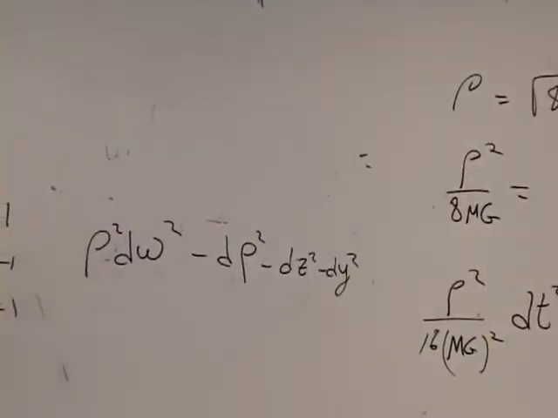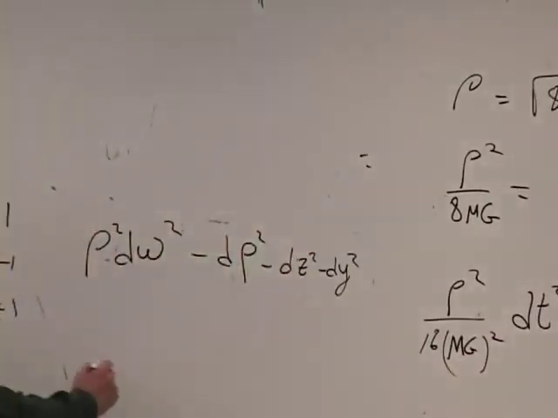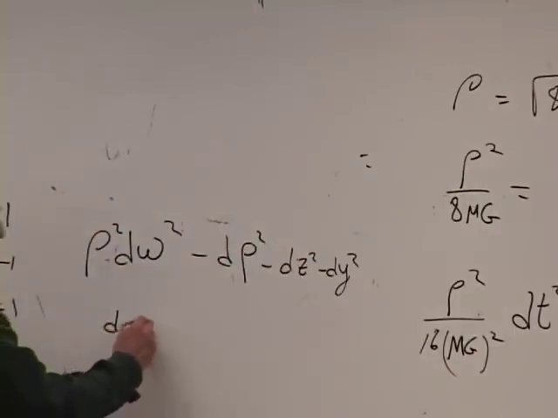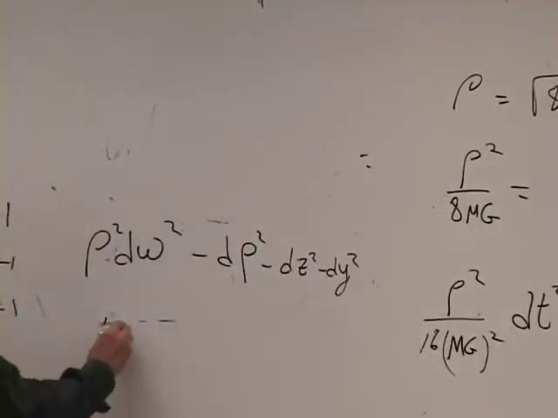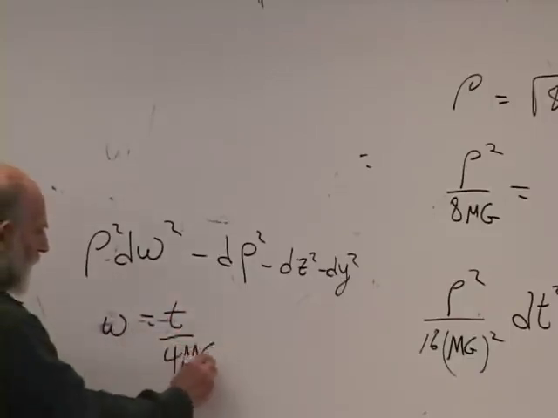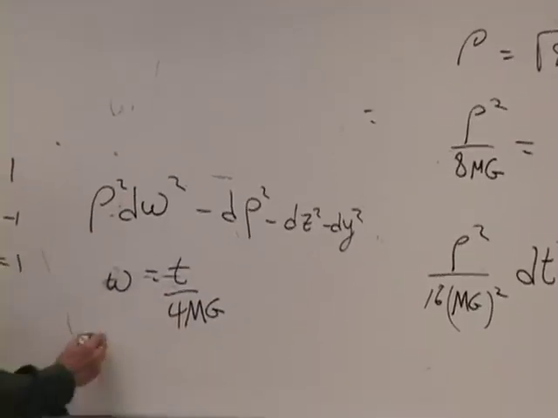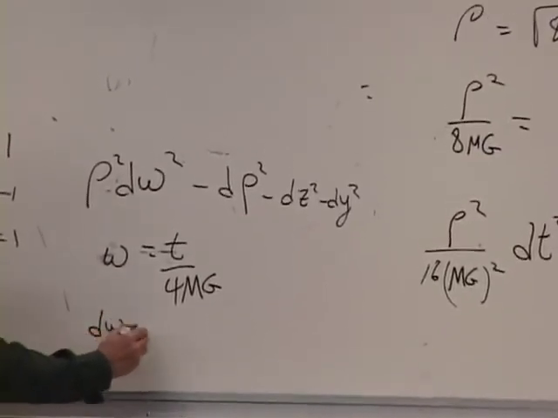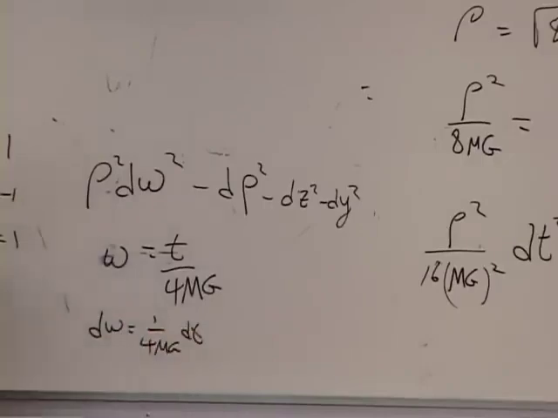But now there's a simple thing we can do. We can just make another change of variables, namely, let omega equal t over 4mg. Omega squared is, well, let's just do d omega. D omega is equal to 1 over 4mg dt, and guess what?